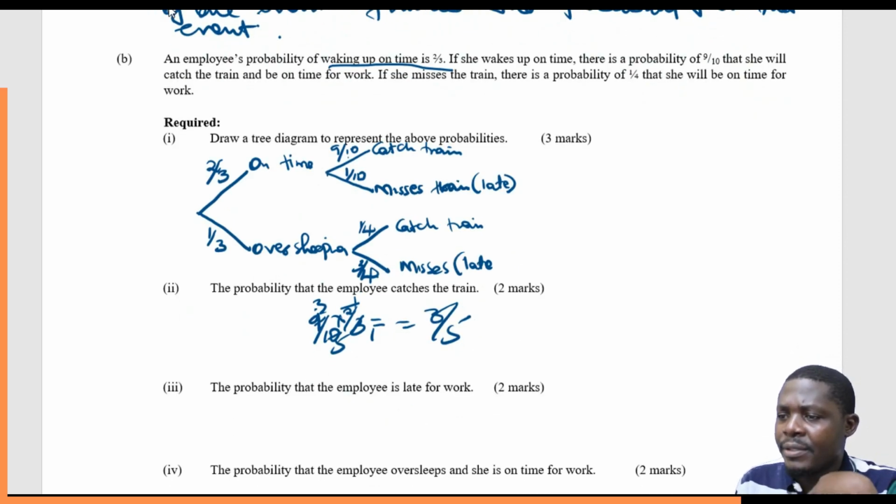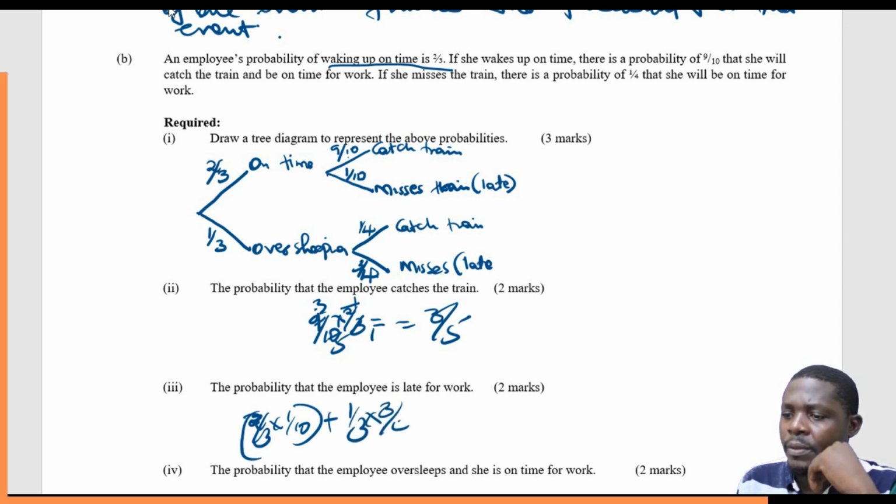The probability that the employee is late for work. We have 2 over 3 multiplied by 1 over 10, then oversleeps, 1 over 3 multiplied by 3 over 4, which is 1 over 15 and a quarter.